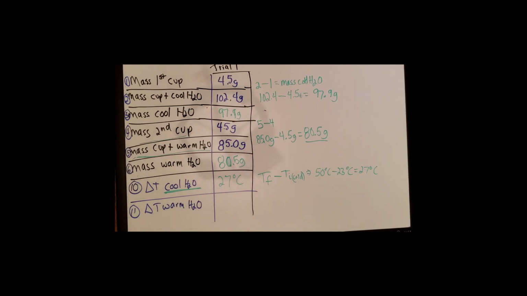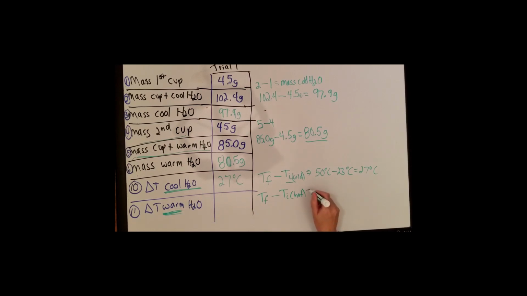Okay, so now let's figure out the change in temperature of the hot one. So remember, change in temperature is always final minus initial. So we're doing the same thing that we did to figure out the temperature change of the cold. It's just the initial is going to be different. So we're going to take that final temperature, that 50 degrees, and subtract the initial temperature, but make sure we're using the hot one since they're talking about the warm water.